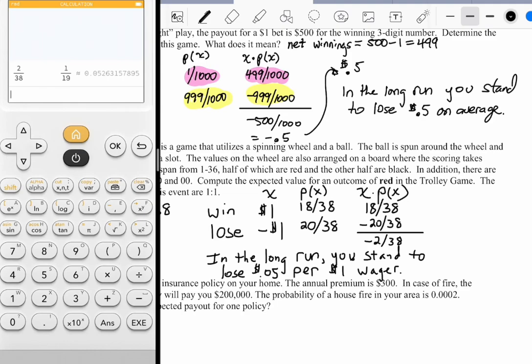But you're going to be less upset about that than if you had a stack of 20 of those $50 bills on the table and somebody walked away with it. So the lottery, yeah, it's not to your advantage to play. It's less favorable in comparison to the game of roulette, or trolley game as we're calling it. But the potential for you to lose a ton of money quickly is not there with the lottery.